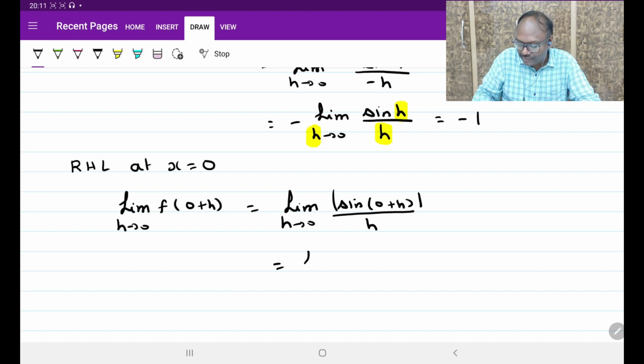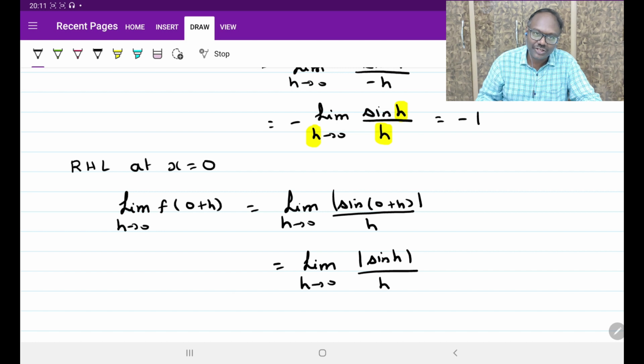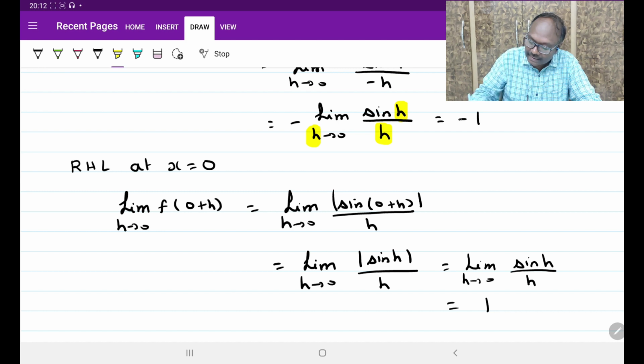So this is equal to limit h tends to 0 modulus of sine h divided by h, and sine h is positive, so modulus of sine h is obviously positive. So we get limit h tends to 0 sine h divided by h, and the answer is 1. So we got the left hand limit as minus 1 and the right hand limit as plus 1. So the limit does not exist.